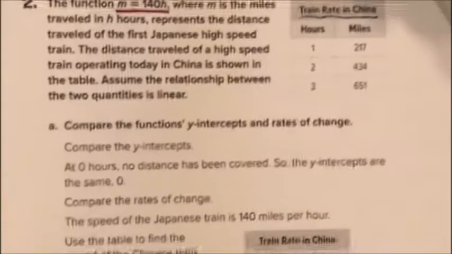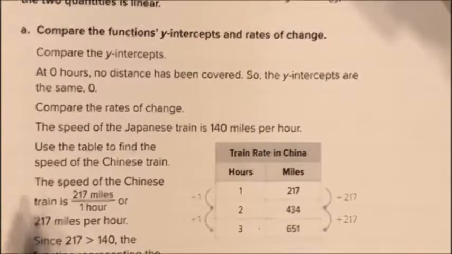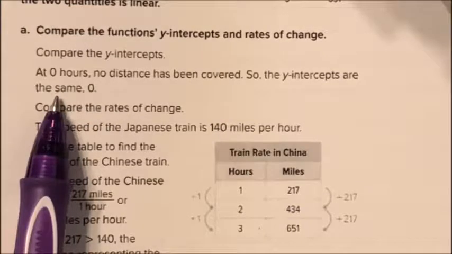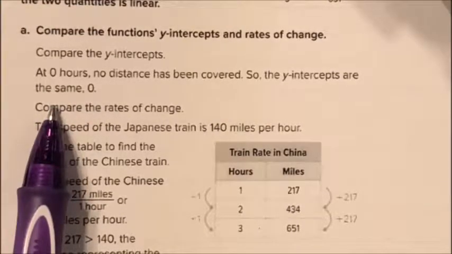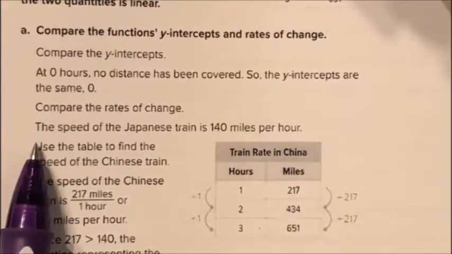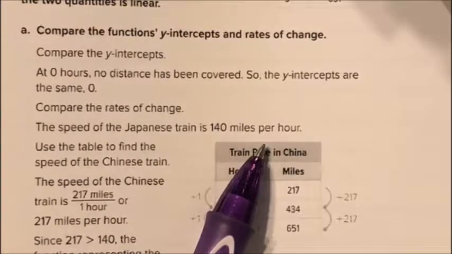So letter A says compare the functions y-intercepts and rates of change. So I'm going to compare the y-intercepts. At 0 hours, no distance has been covered, so the y-intercepts are the same. Okay. Compare the rates of change. The speed of the Japanese train is 140 miles per hour.